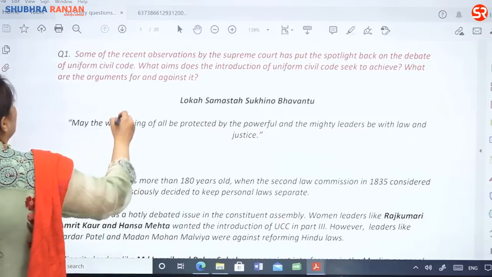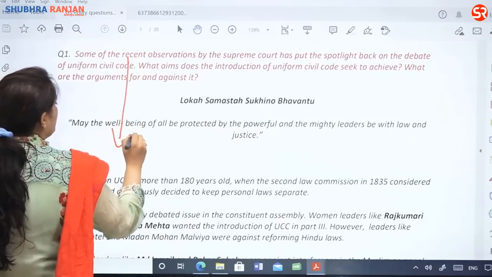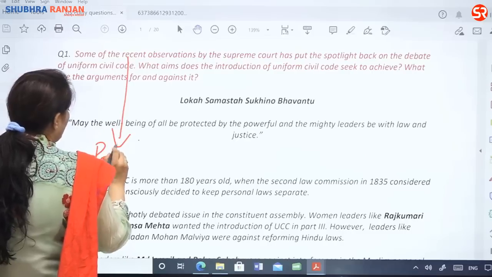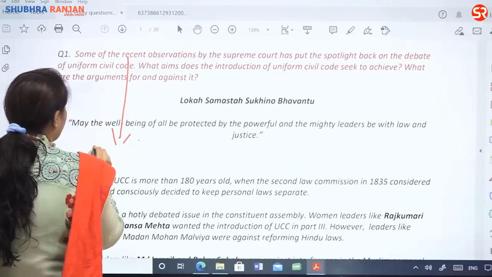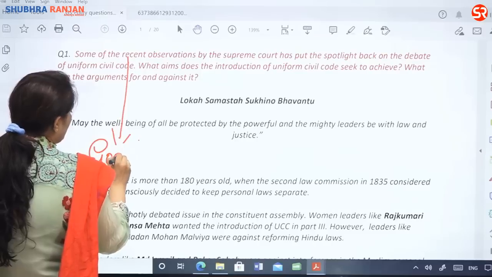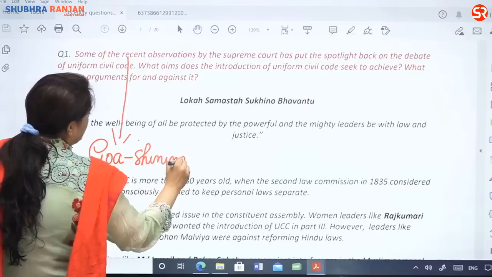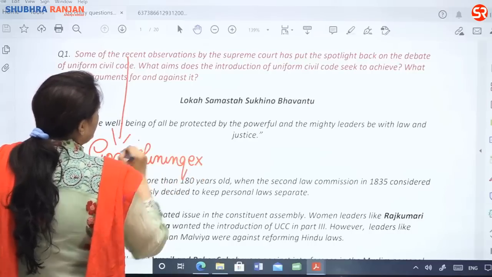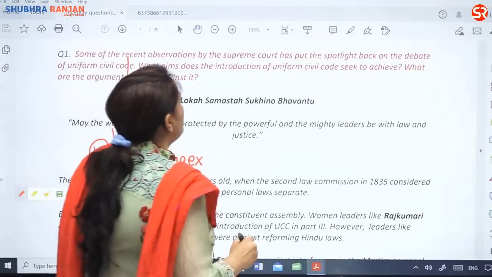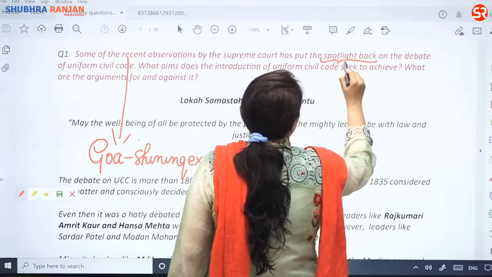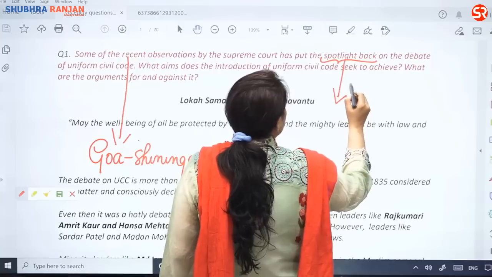First is the recent observation related to Goa, the Uniform Civil Code of Goa, and the keyword here is the shining example.